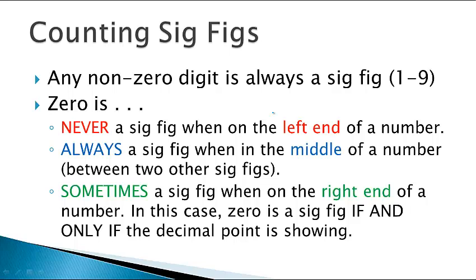The way we signify that zeros on the right-hand end are significant figures is by showing the decimal point. So if the decimal point is showing, then you consider all the zeros on the right-hand end sig figs. You say, all right, we know those. If there's no decimal point showing, then you assume the zeros on the right-hand end are just there to hold the place, and we don't actually know them at all.